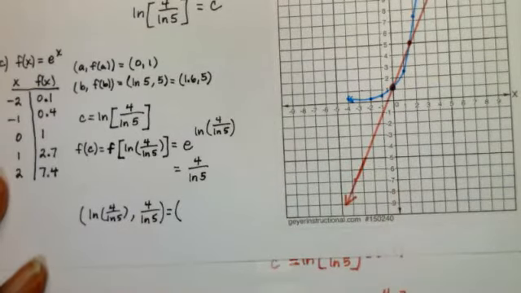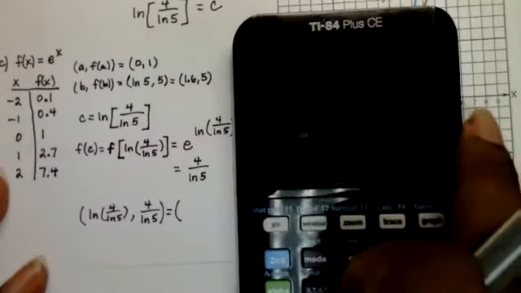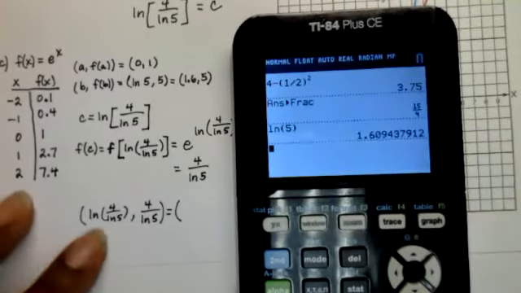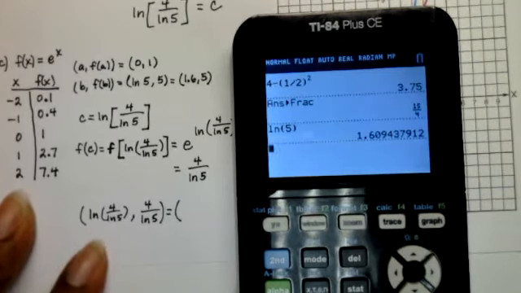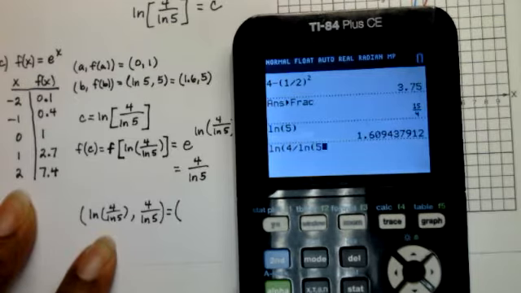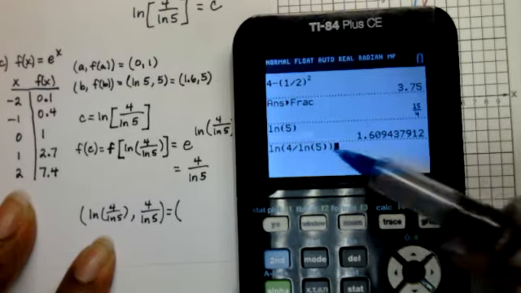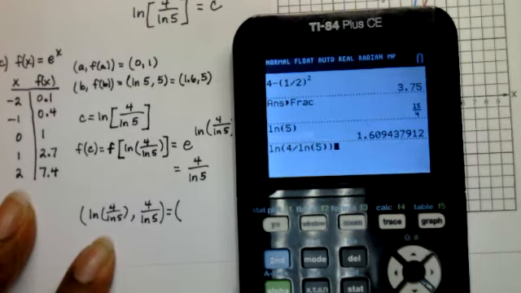Let's find out what these are as decimals, so that I can plot that on the coordinate plane. If I do ln of 4 divided by ln of 5, pressing the ln key, then 4, divided by ln again, 5, close the parentheses around the 5, and then close it again for the first parentheses after the first ln.